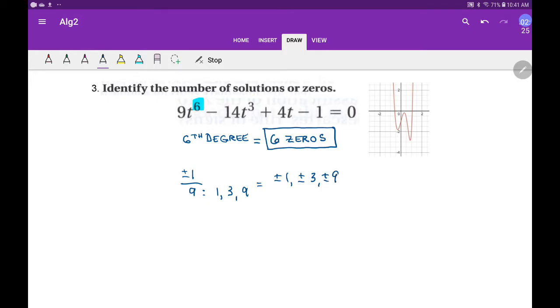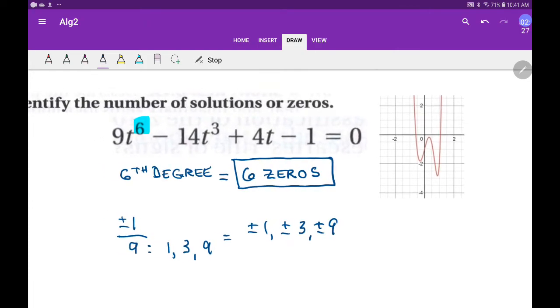So I look at this here, and let's see, here's 1. That is not 1 over 9, negative 1 over 9. Oh, I should have had the 1 here, sorry.